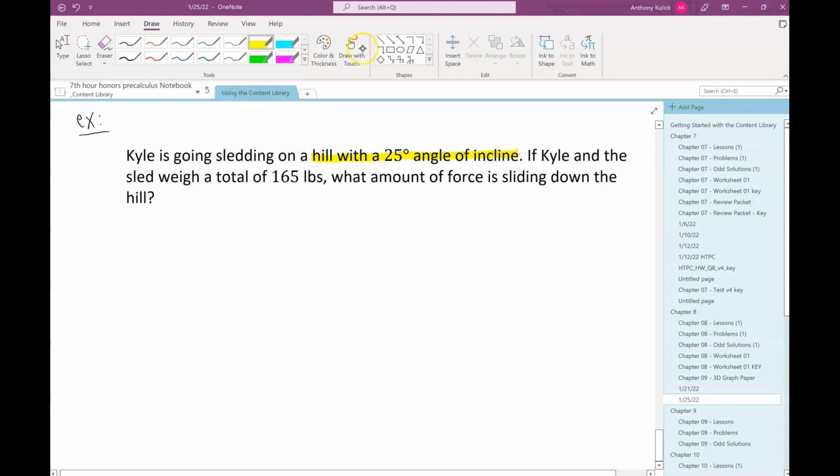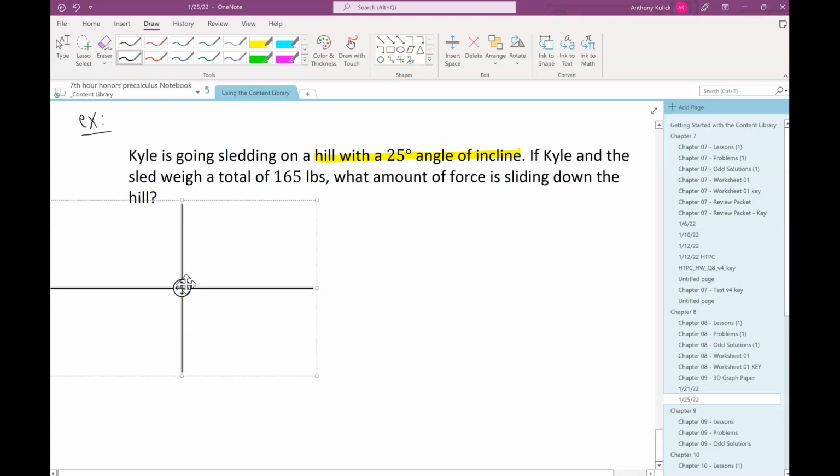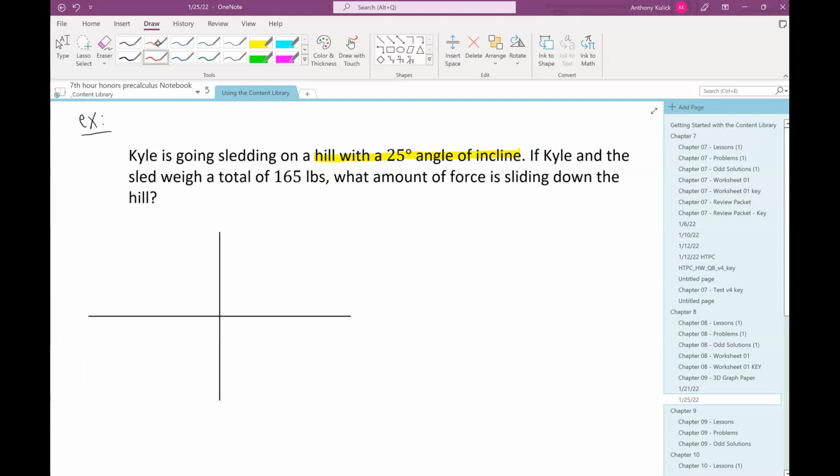I'm going to draw a picture to do this. Not that it's necessary to draw the picture, but I think it'll help give us a little bit of intuition for where you guys are at. So I have down a hill, so I'm going to draw my vector here going in this direction. It says the angle of incline is 25 degrees.